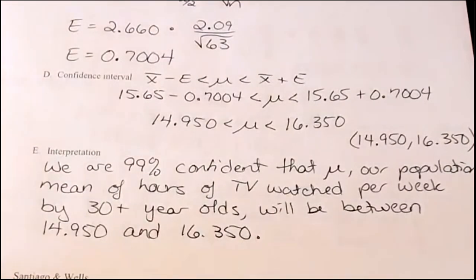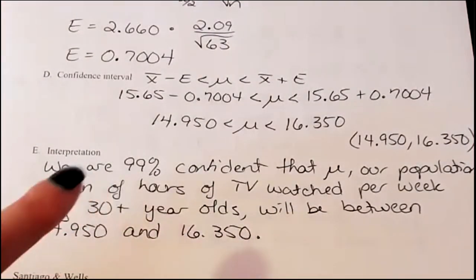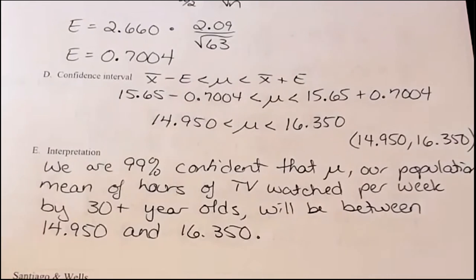I don't need the label of hours here only because I clearly identified that mu represents our population mean of hours of TV watched per week by 30-plus-year-olds, which will be between 14.950 and 16.350. And that concludes this problem.